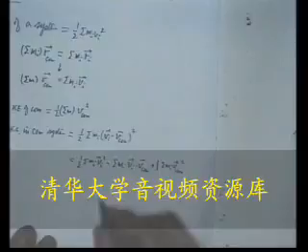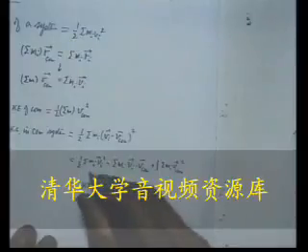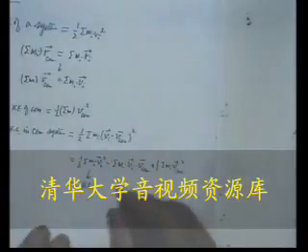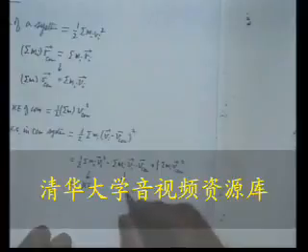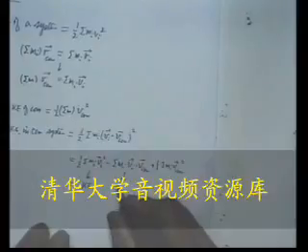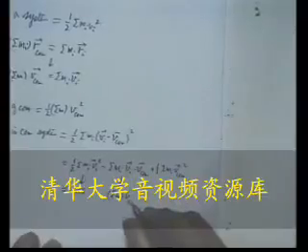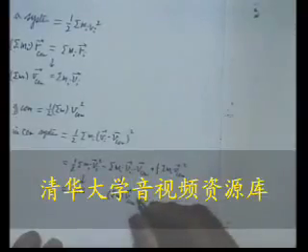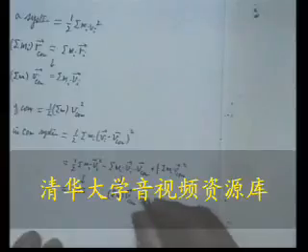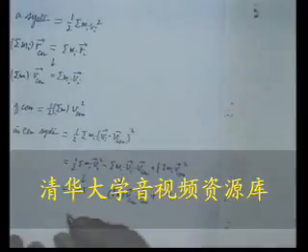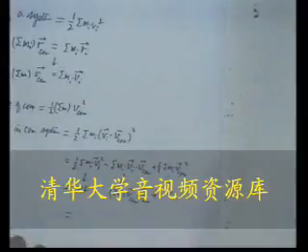This first term is the kinetic energy of the original system. This term becomes sum of m times v center of mass dot v center of mass, but these two terms are exactly the same except for a factor of 2.